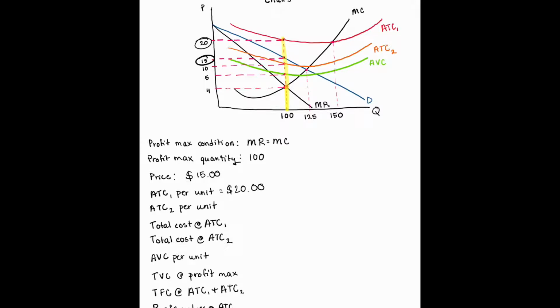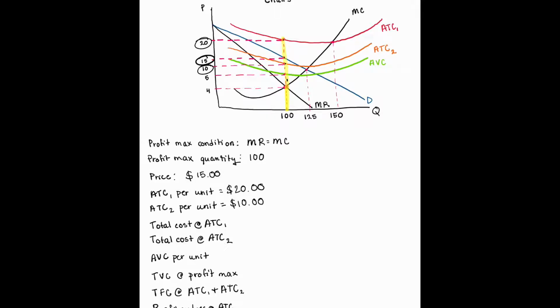Okay, so now if I asked you to calculate ATC per unit using average total cost curve number 2, which is in orange, again, we'd use the same sidewalk and go straight up till we hit the orange curve, and that's at 10. So our ATC per unit at the second average total cost curve is 10.